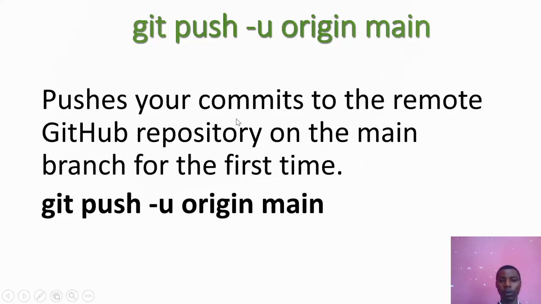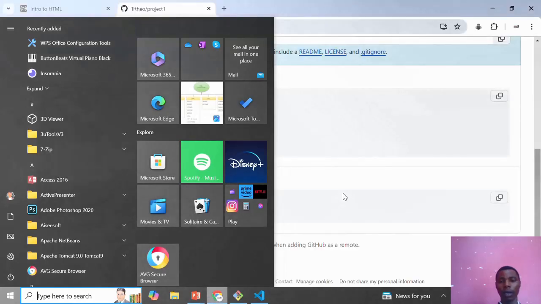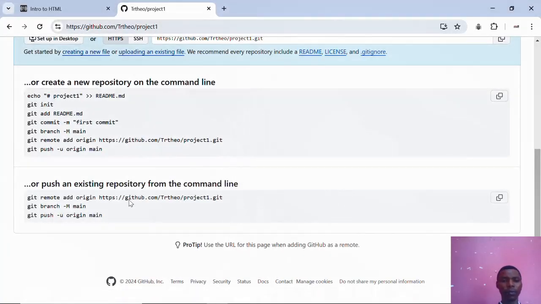So it pushes your commit, your changes, to the remote GitHub repository on the branch called main. So just you type git push -u origin main.